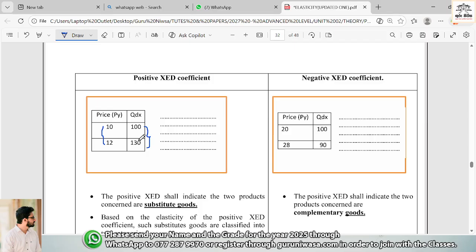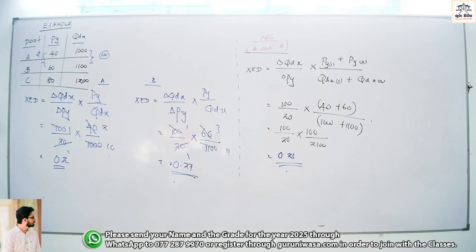You get the point? Can you calculate XCD? Use the percentage change equation, Lamai. I want you to practice that one also. Use the percentage change equation here and calculate XCD.